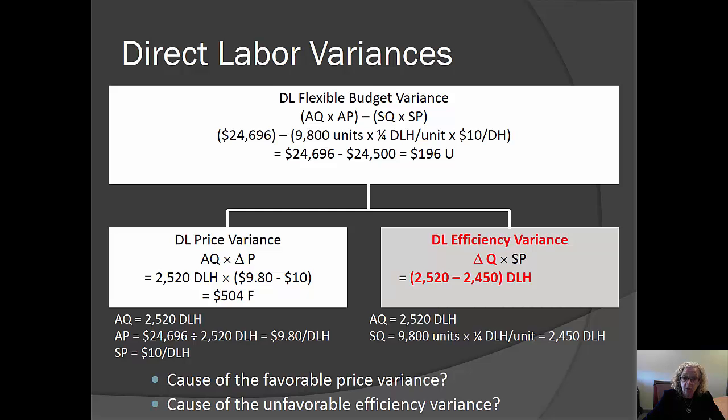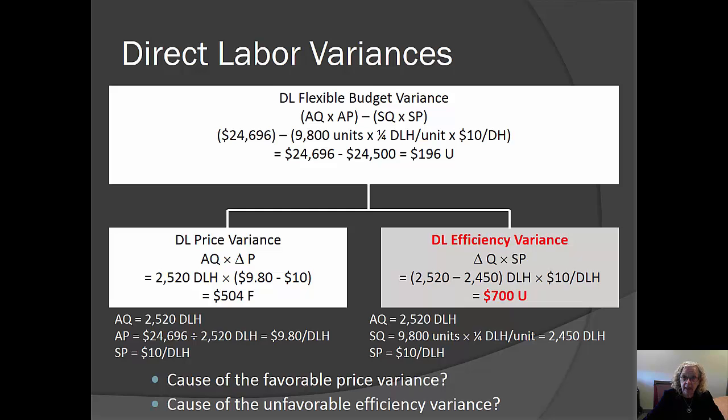So we can figure out the difference in quantity. We're going to multiply that difference by the standard price, which we were given, $10 per labor hour. When we crank that out, we find that we have a $700 unfavorable direct labor efficiency variance.